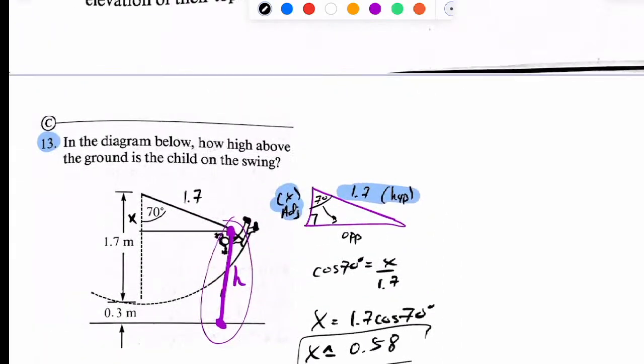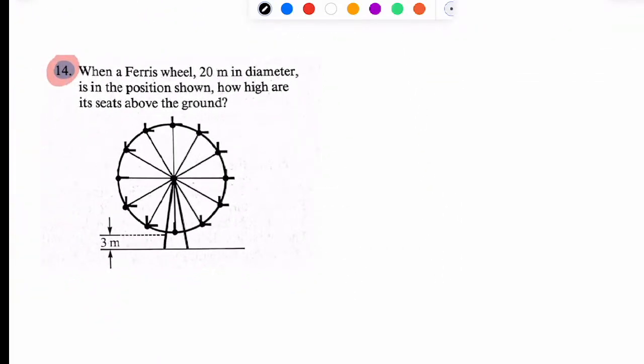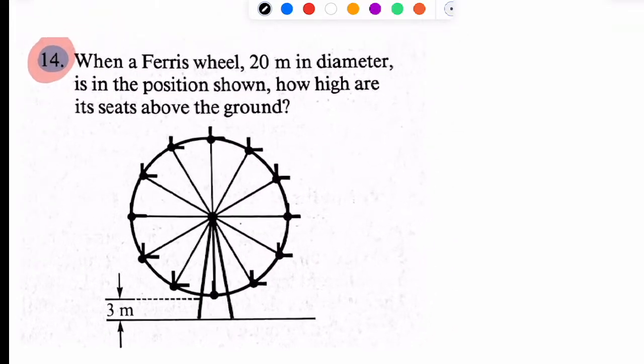So there's 13. I'm glad that's helpful. 14 is the same thing. In the question they want you to find all of the distances to the ground, and I think I posted the answers for all of them. I don't know if there's specific spots you're interested in looking at.